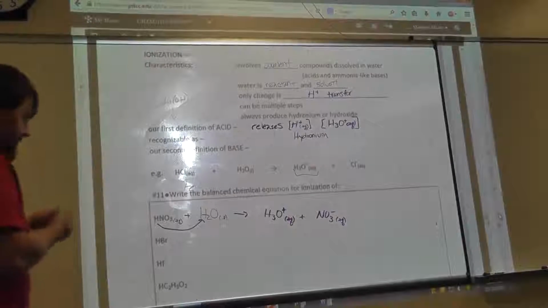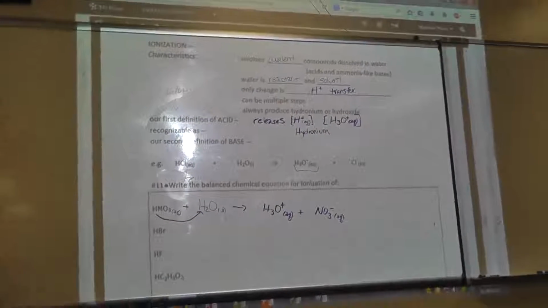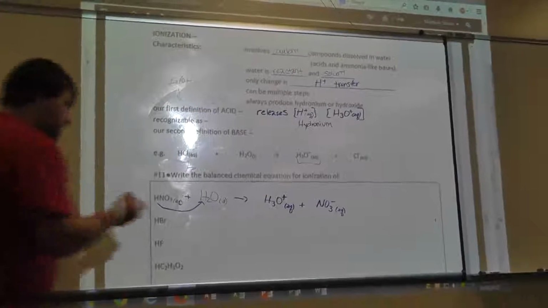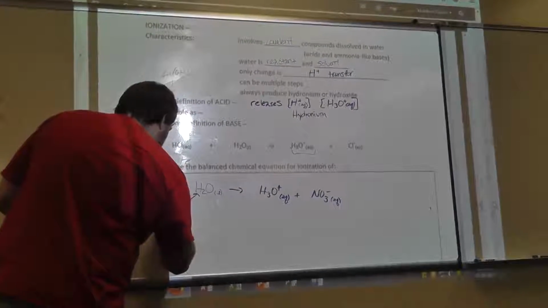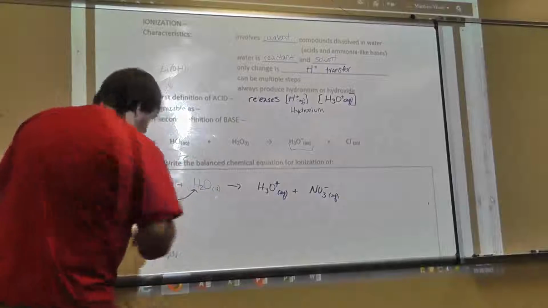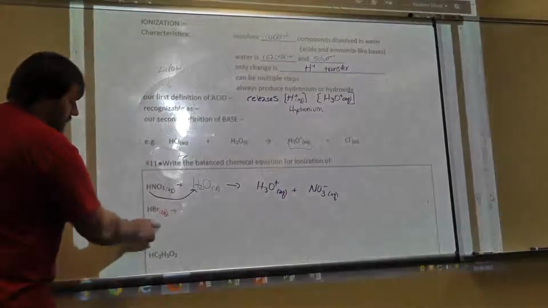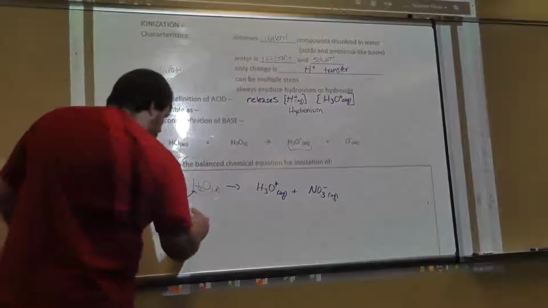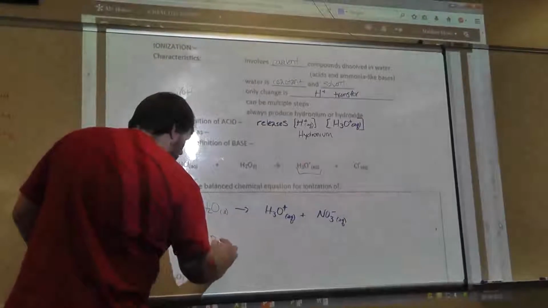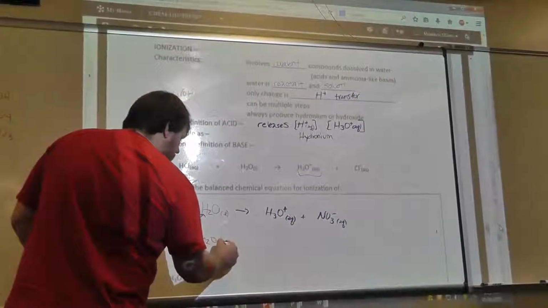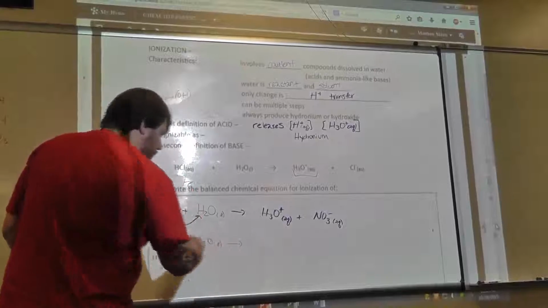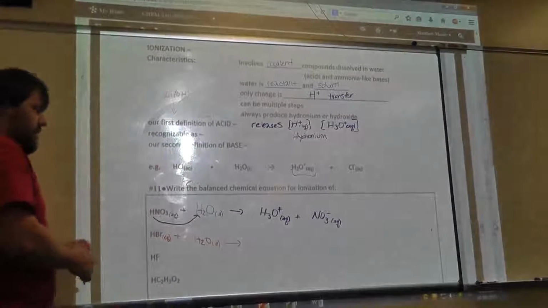Now HBr is going to be the same, a strong acid. Reacting with water, this should also be aqueous. All these acids down through here, make sure you put an aqueous notation next to them. Reacting with water, one-way arrow because we're still dealing with a strong acid.